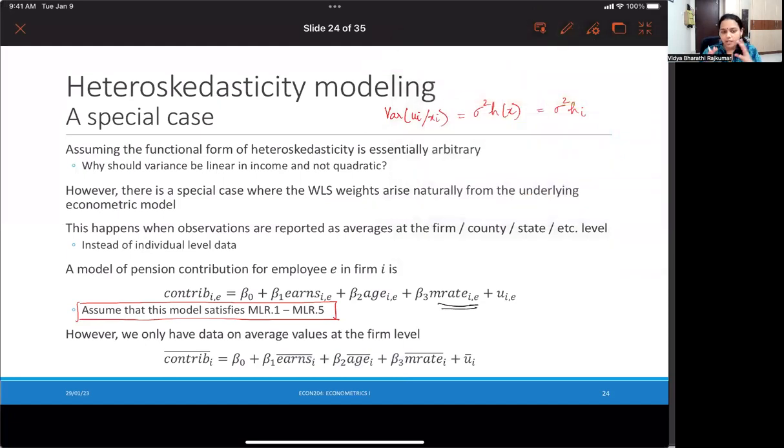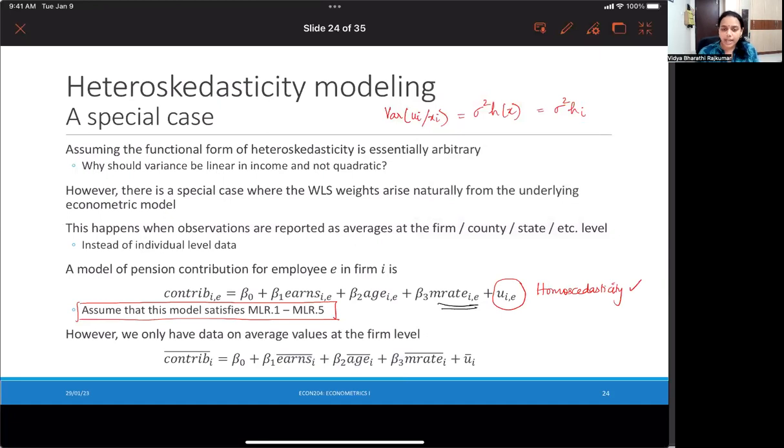So suppose this is the individual level model, where every row in the dataset pertains to a given employee who belongs to some firm. Now, suppose we assume that this model satisfies our assumptions MLR 1 to 5. That means these error terms satisfy the assumption of homoscedasticity, or constant variance.